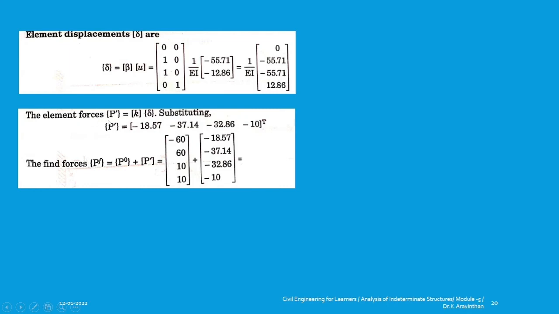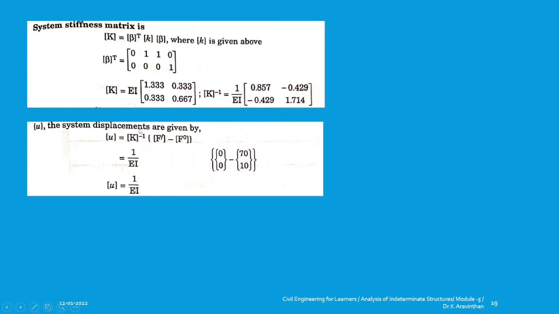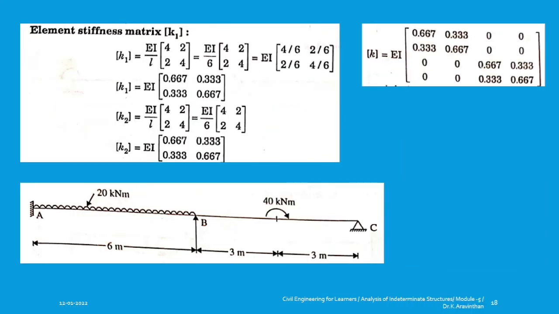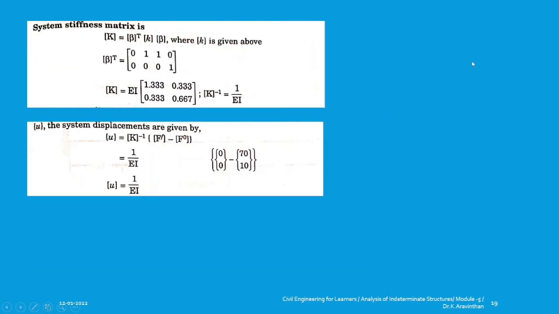Force P dash equal to K into delta. And what is K? You know the element stiffness matrix, and you have to multiply with this delta, and you will be getting this answer. What is K? See, this is the K matrix you got here, and you have to multiply this matrix into the del.